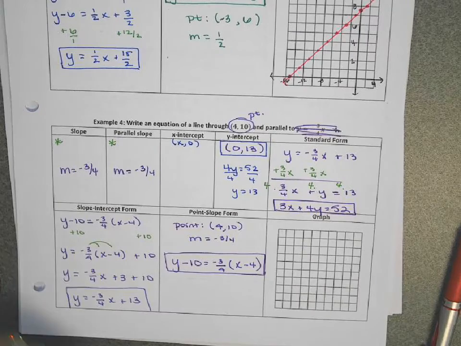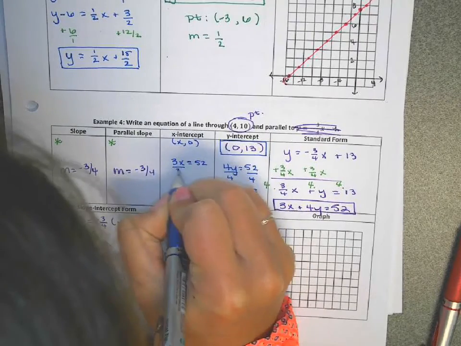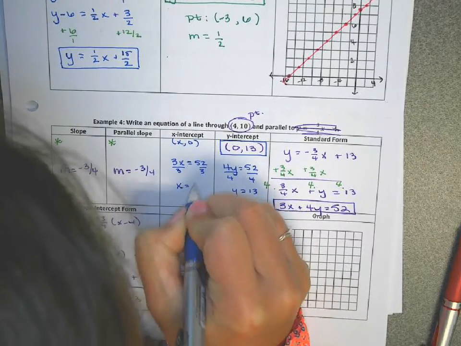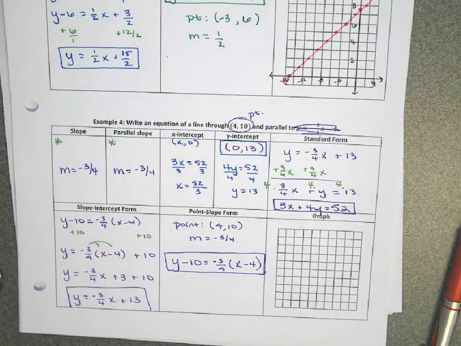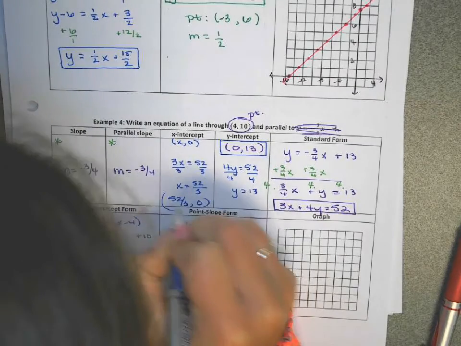Your y is going to be 0, so 3x equals 52. Divide both sides by 3. X equals 52 thirds. I don't think that reduces at all. So I would just leave it. (52/3, 0).